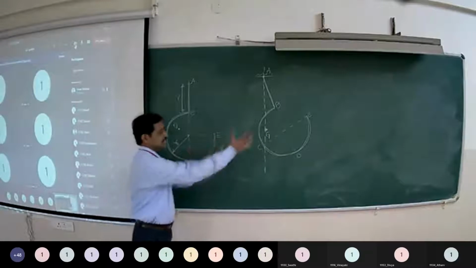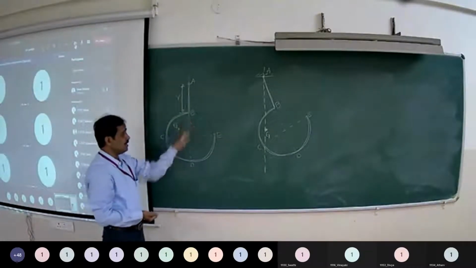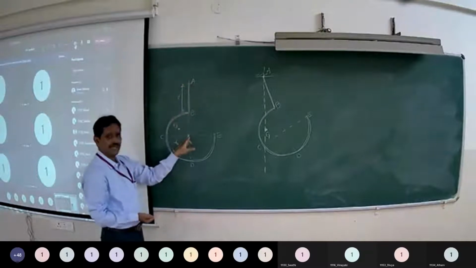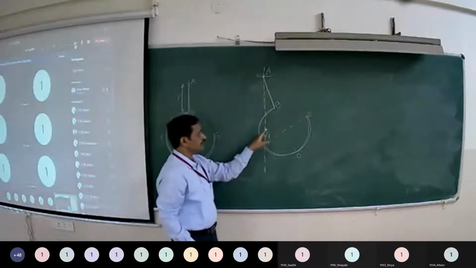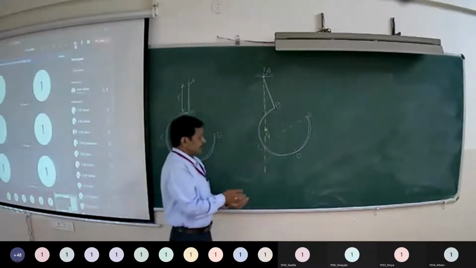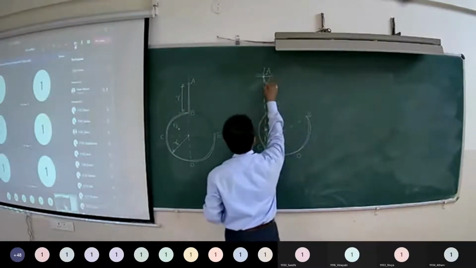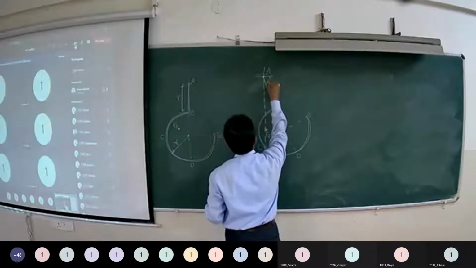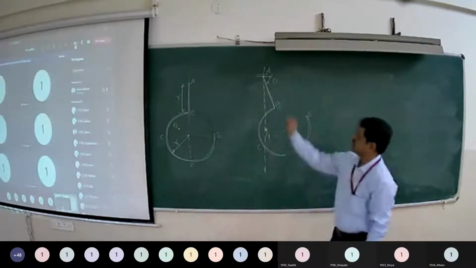So it will swing towards right, so that this G will lie on the vertical line passing through A. Means it exactly comes below point A. And you are asked to find out the angle made by portion AB with the horizontal, say theta. So you have to find out this theta.